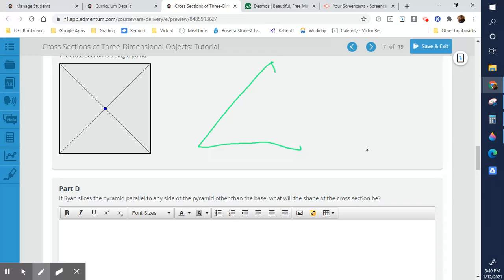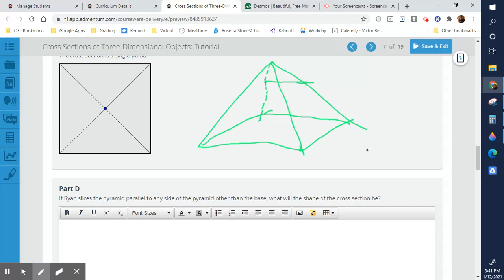And let me draw the rest of this here. And if we want it parallel, what's going to happen is here it's lower, so we're going to get this flatter side from this side over here, and it's going to kind of expand out like this.